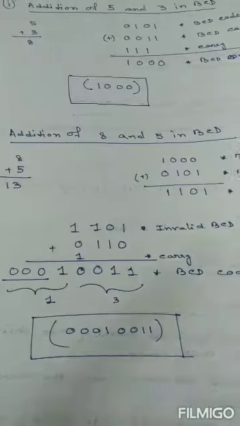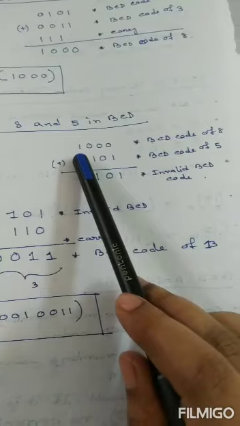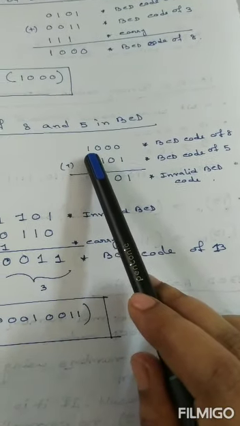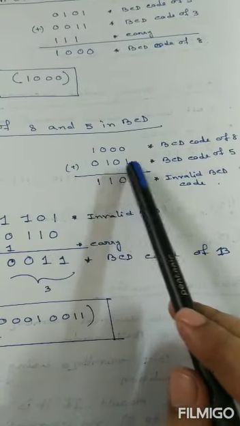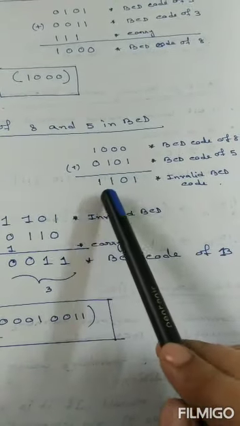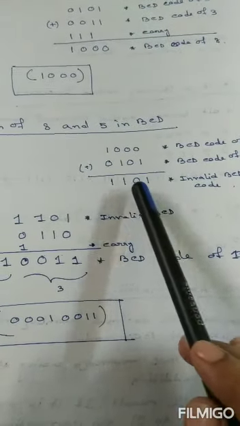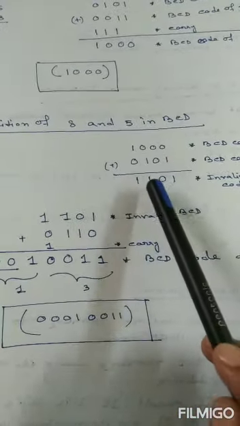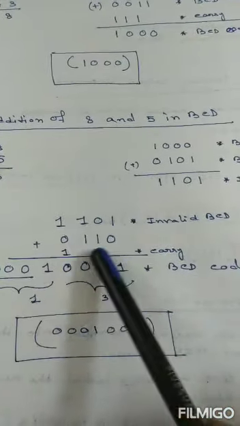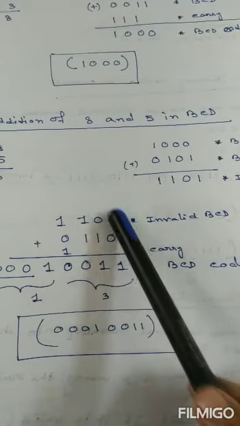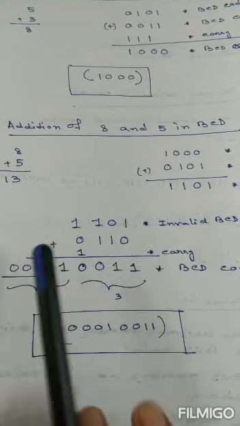But if we add 8 plus 5, first write the BCD numbers: 8 is 1000, then 5 is 0101. Then add the two numbers, that is 1101, but basically it's an invalid BCD code. So add 0110 to this number. Then we get the result 1 0011.